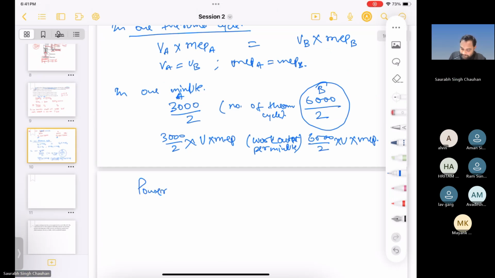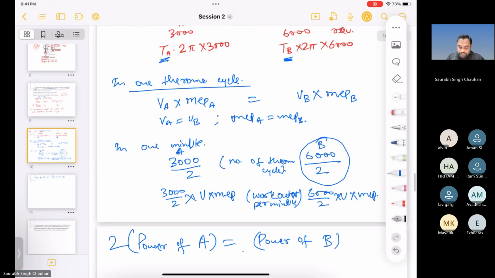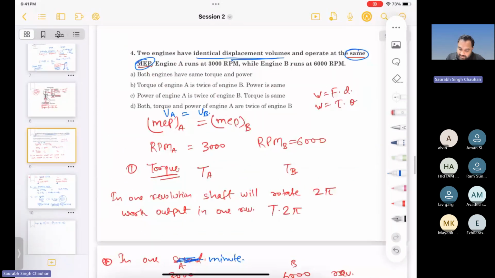Power of A, sorry, right? Correct? And torque.